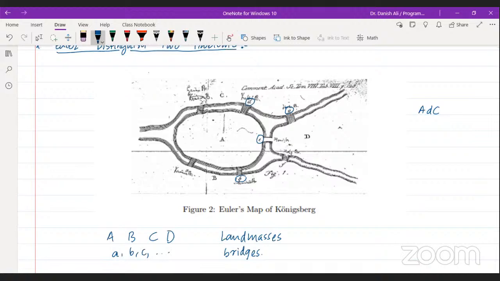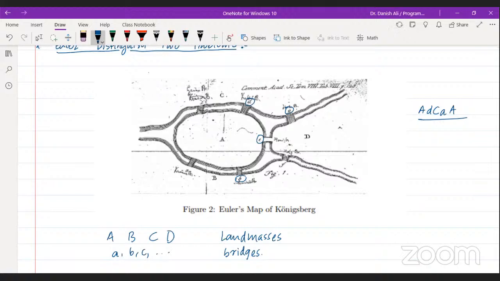And similarly, for example, if he goes from C to A and then uses some other bridge and comes to A again. Okay, this is one method. How can we simplify this more?